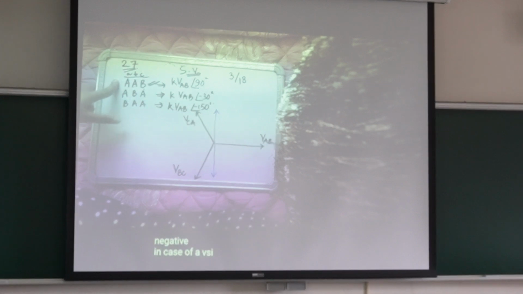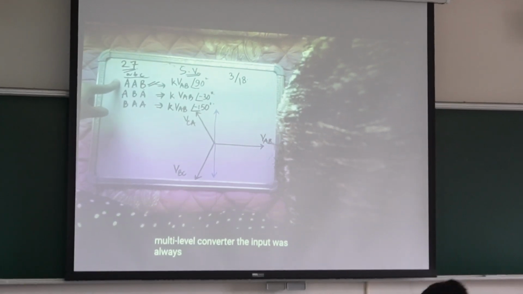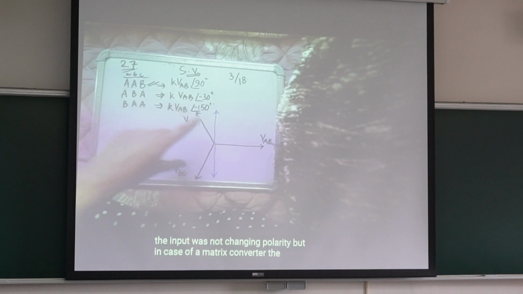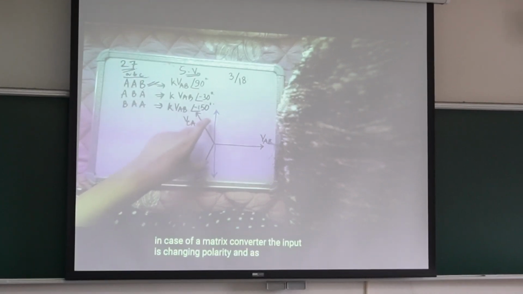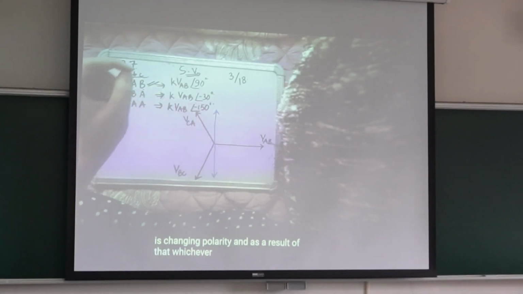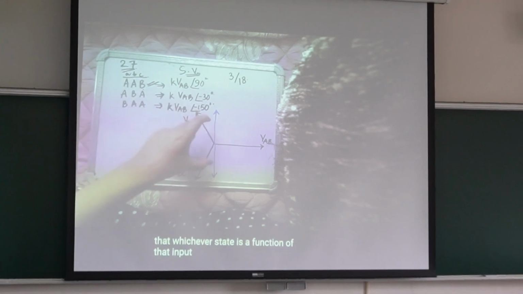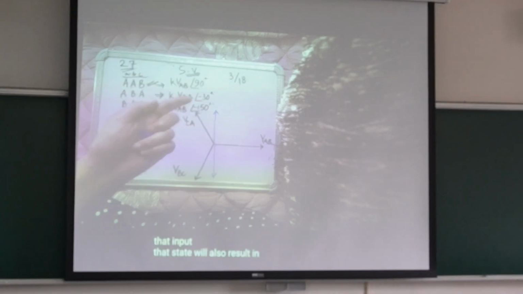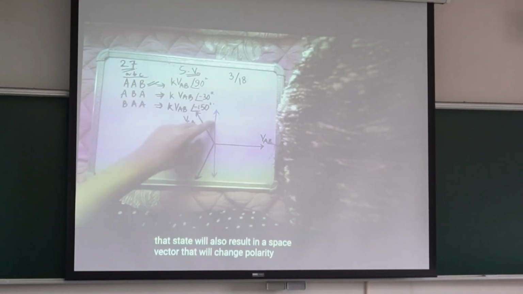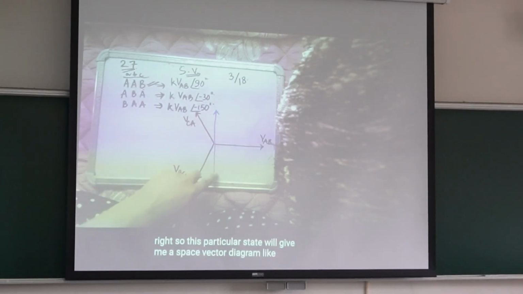In case of a VSI or in case of a multi-level converter, the input was always VDC. It was always fixed. The input was not changing polarity. But in case of a matrix converter, the input is changing polarity, and as a result of that, whichever state is a function of that input, that state will also result in a space vector that will change polarity, right? So this particular state will give me a space vector diagram like this.